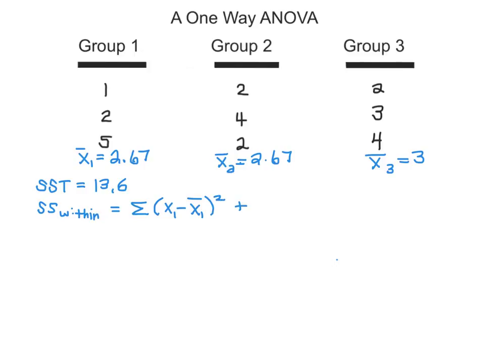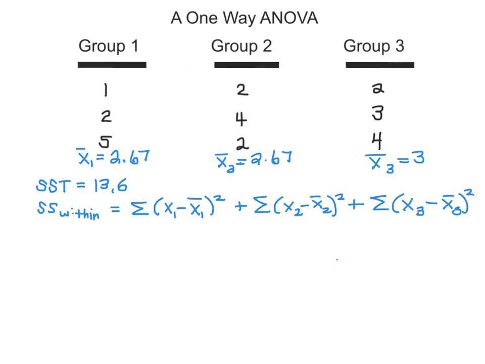And then we add up, for each x value from group 2, the value minus the group 2 mean, squared. And the last summation will be for each x value in group 3, subtract the group 3 mean, square that, and add those 3 values up.